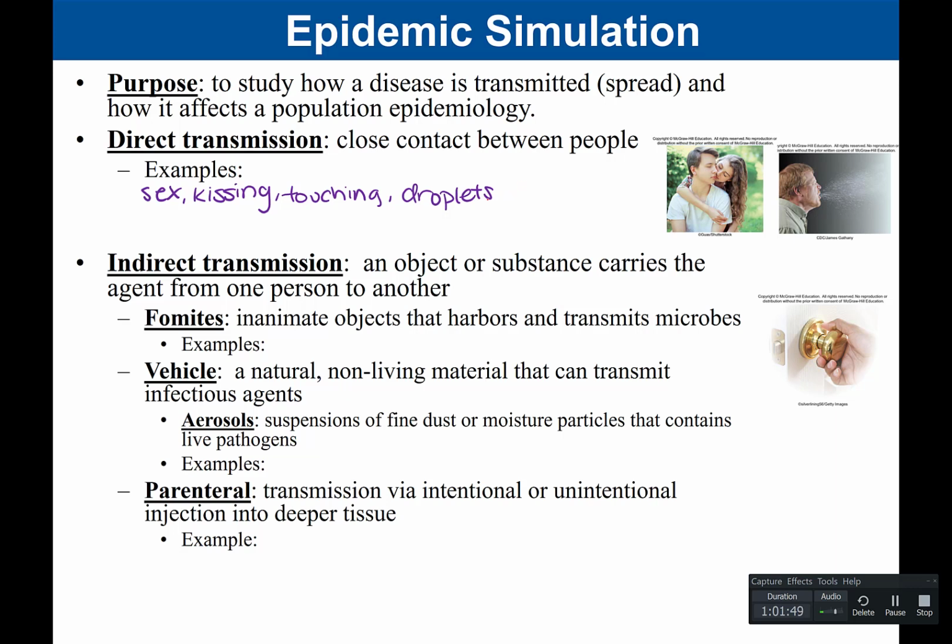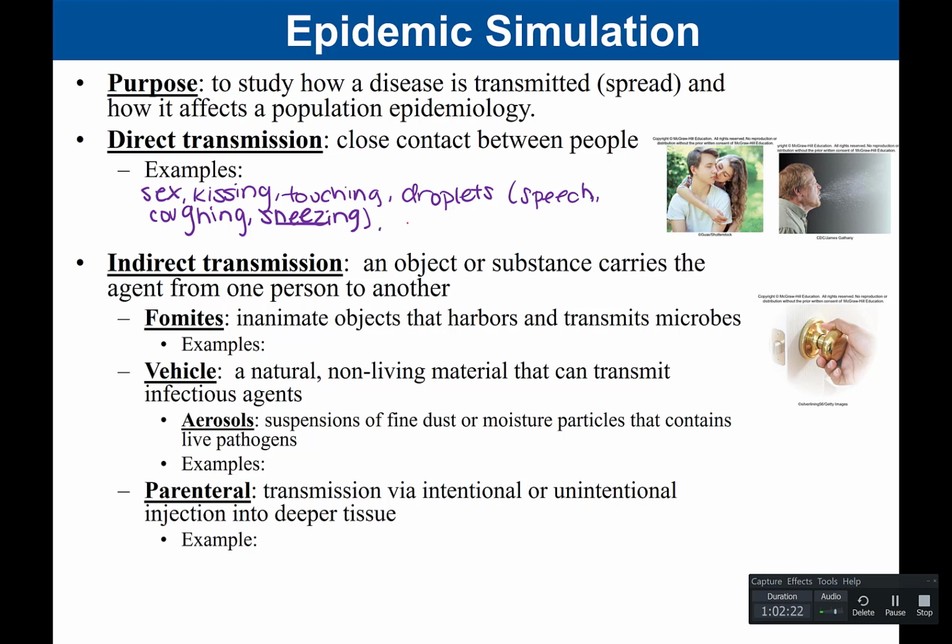In this case, we're talking about speech. So say it, don't spray it, right? Because if you're talking and you're spitting and the organism is in your saliva, it can be transmitted. Coughing. Sneezing. Again, this is a big one for how coronavirus is shared or how it's spread.